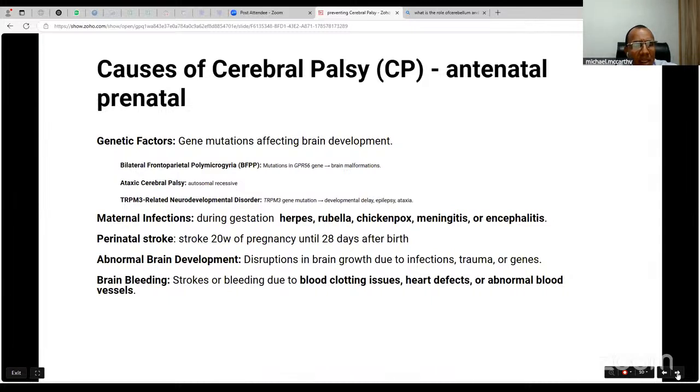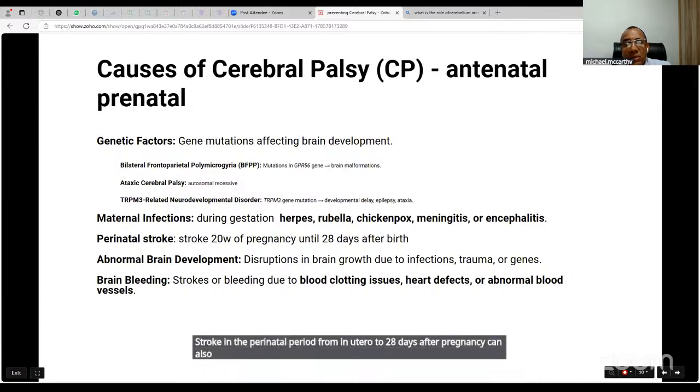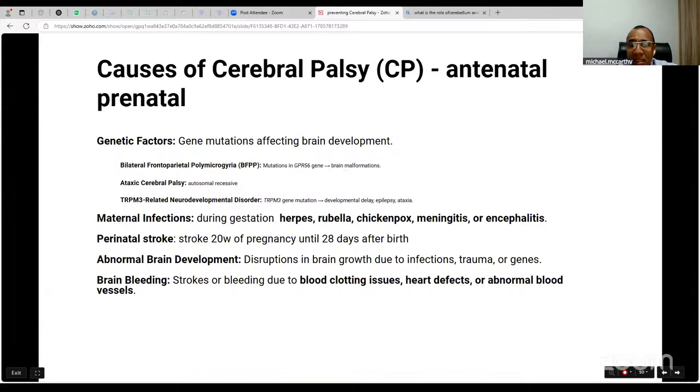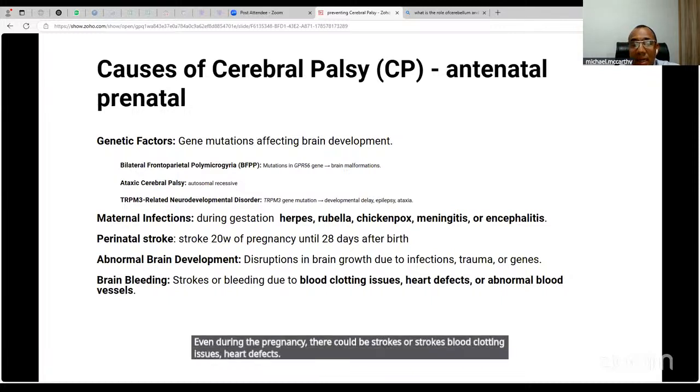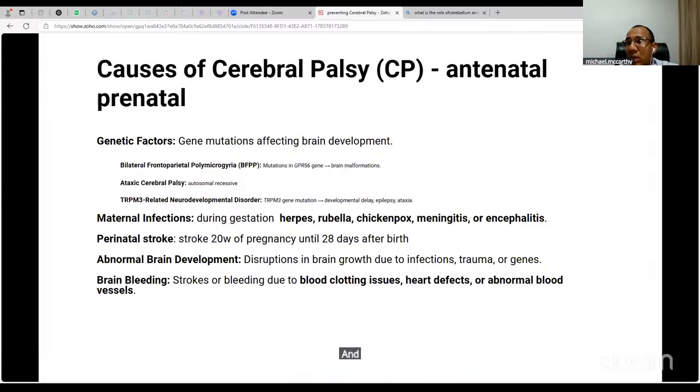Stroke in the perinatal period from in utero to 28 days after pregnancy can also lead to some of these situations. Even during the pregnancy, there could be strokes or blood clotting issues, heart defects, and abnormal blood vessels that could bleed, especially in the brain, and then cause some of these brain challenges.